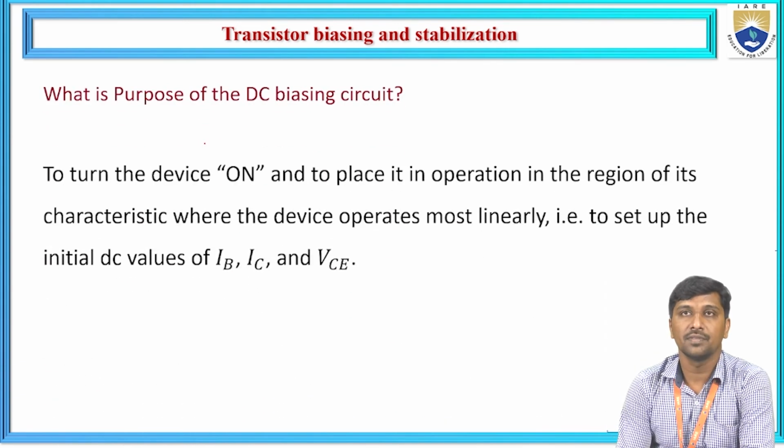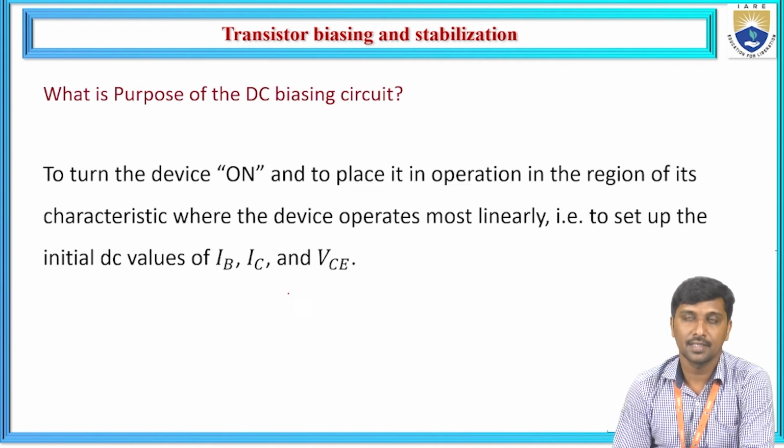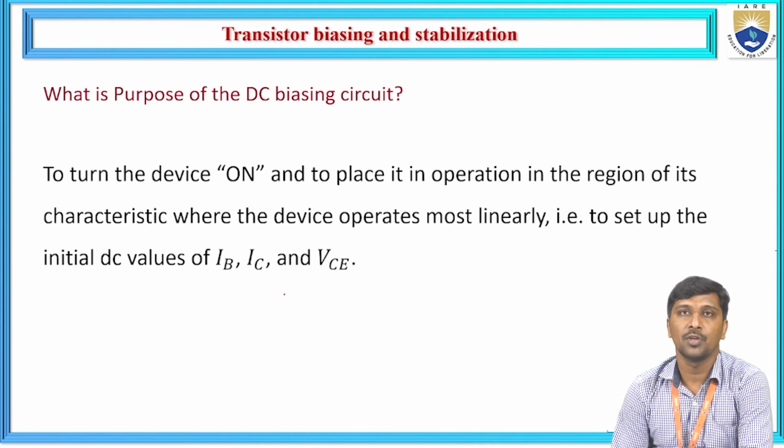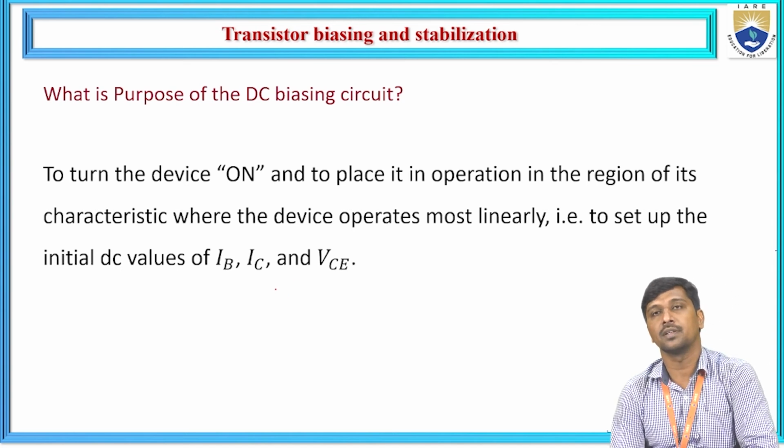What is the purpose of the DC biasing circuit? The DC biasing circuit is used to identify the proper operating point as well as the proper operating region. If you consider a PN junction, to identify its behavior we need to apply some amount of DC voltage source to it.